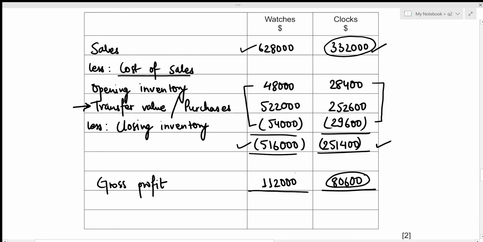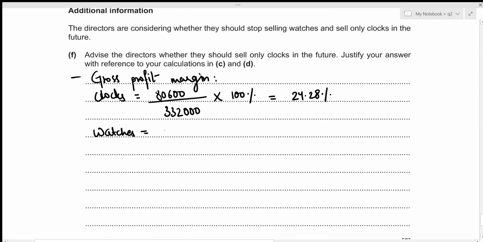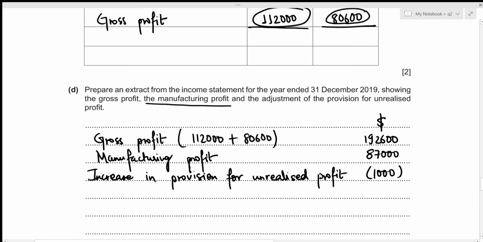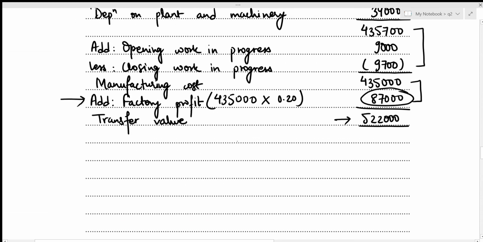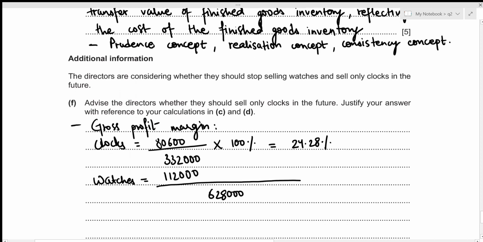We have the gross profit of 112,000 and the selling price of 628,000. Let's write these down. Gross profit of 112,000 divided by the sales price of 628,000. And we also need to adjust our factory profit as well as the unrealized profit. So we can see that the factory profit was 87,000. We need to add it. So that's plus 87,000.